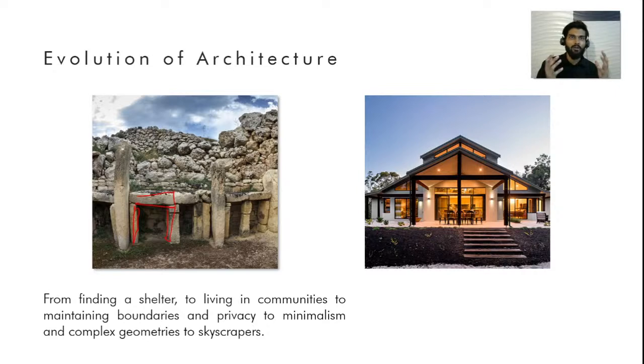If you told someone from 200 years ago about Burj Khalifa, they would not believe it. So now we have buildings that are 150, 200 stories high. So that is where we have reached. But is that enough? Or is that actually on par with all the other fields that have evolved? Let's check that out.